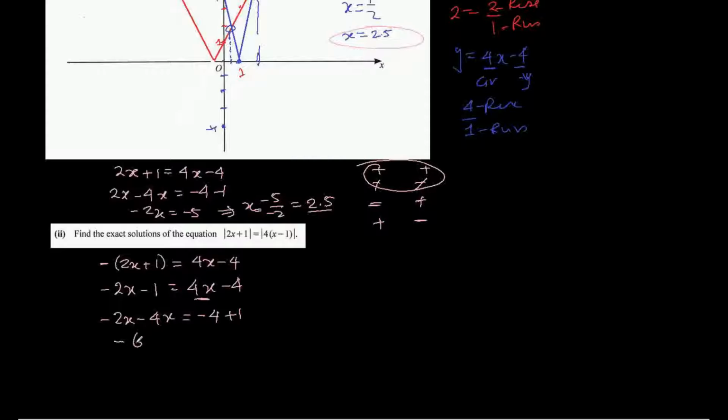So minus 6x equal to minus 3, x equal to negative 3 over negative 6, and yes, we got half. So yes, the two answers of these are half and 2.5. We did not take the help of the graph. We did it algebraically because they're saying exact solution. Graph cannot give us exact solutions. All right.